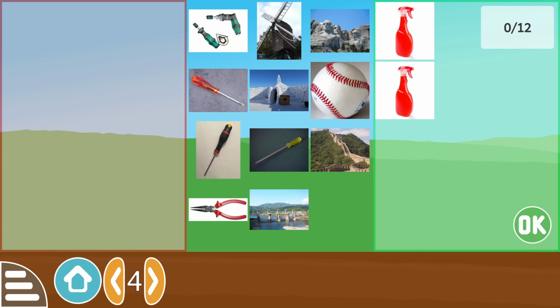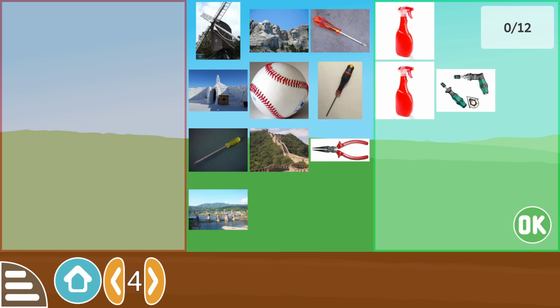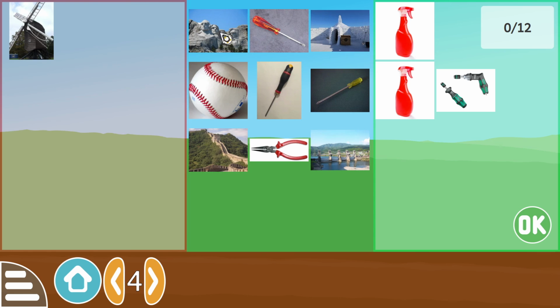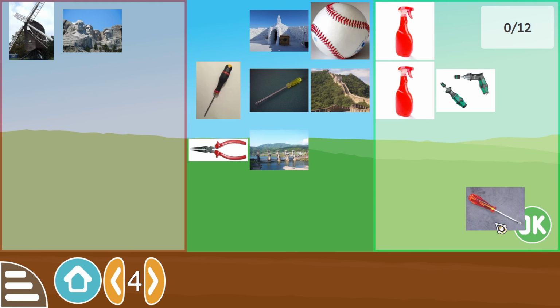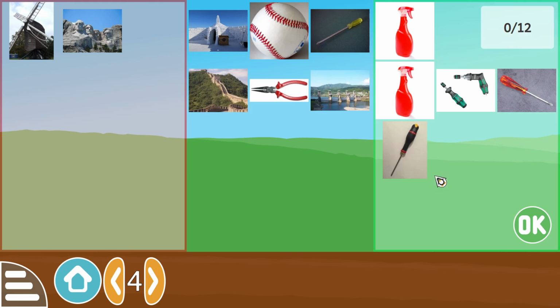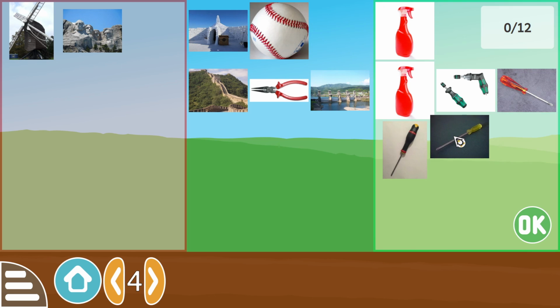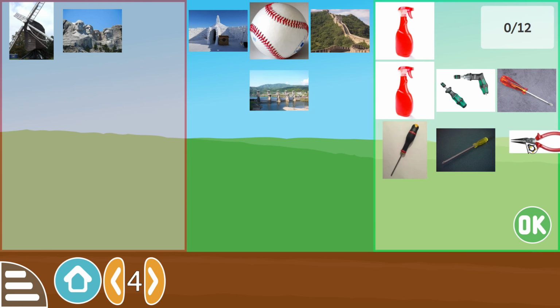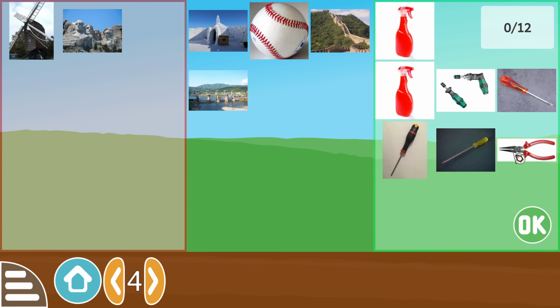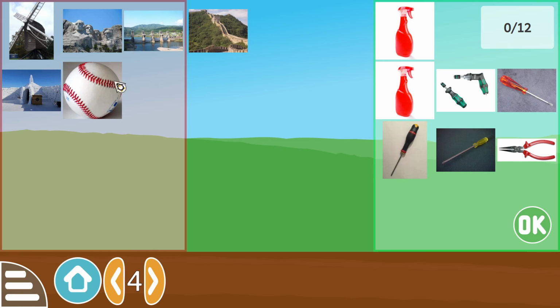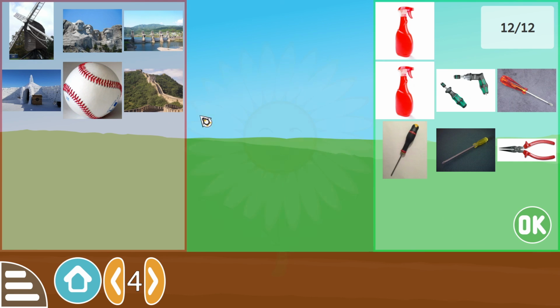So we've got some cordless drills, and it looks to be a drill as well. The windmill isn't, the Mount Rushmore isn't, a screwdriver is. And here's another screwdriver. It looks like you can change the heads on this one from a flathead to a Phillips head, whereas this one's just not adjustable. Needle nose pliers, which have got a very fine tip compared to standard pliers. So a baseball and the other items are not tools.